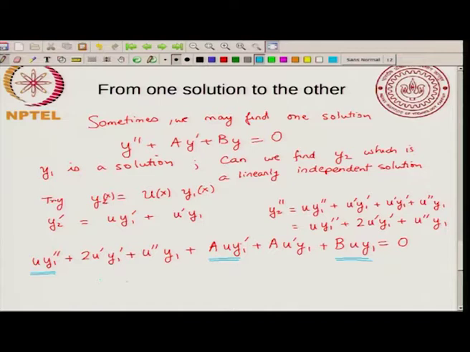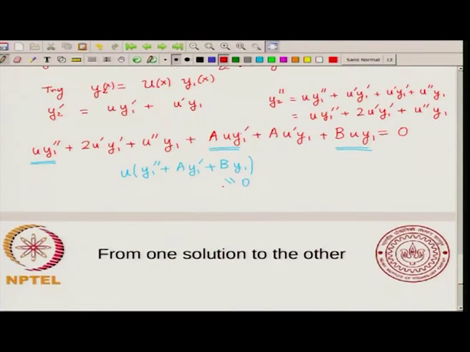So if I write the sum of these terms, I have u times (y1 double prime plus a times y1 prime plus b times y1), and you can immediately see that the term in the brackets has to be equal to 0. So these 3 terms will add up to 0, and if you set these 3 terms to 0, then you are left with only the 3 remaining terms.